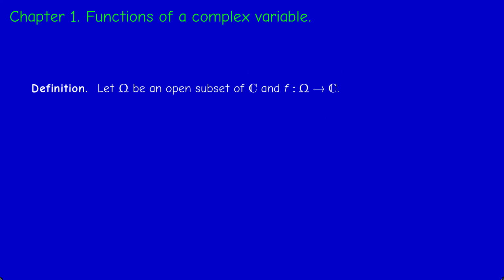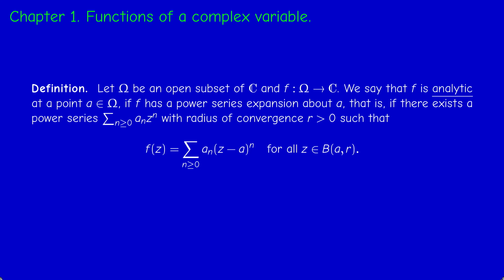Now, a definition. If omega is an open subset of C and f is a function defined on omega, we say that f is analytic at a certain point a in omega if f has a power series expansion around a, which means that f can be represented by a convergent power series about a.